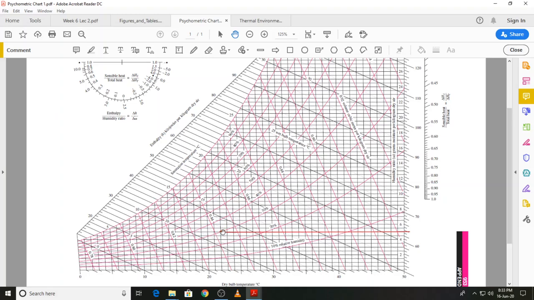So I will choose any line as my reference line. For example, if I take this line over here, and then I will simply extend this line.